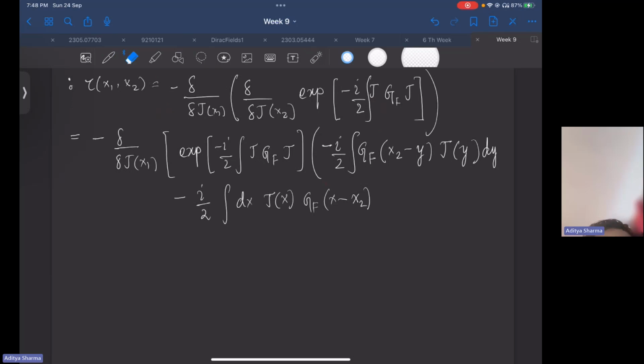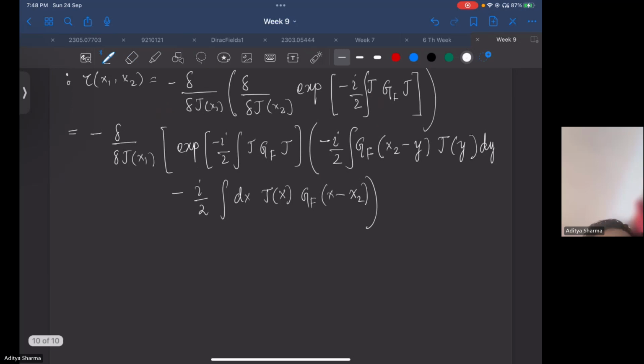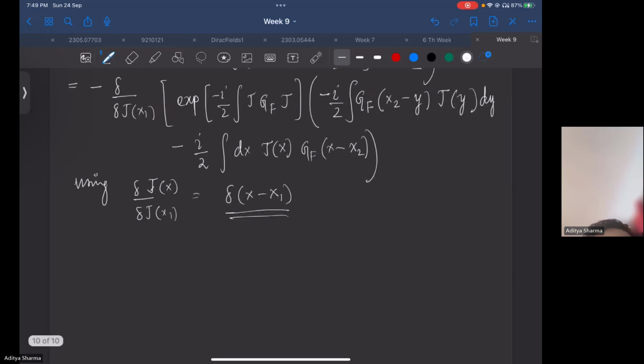And you have integrated over y, using this and then integrate it.